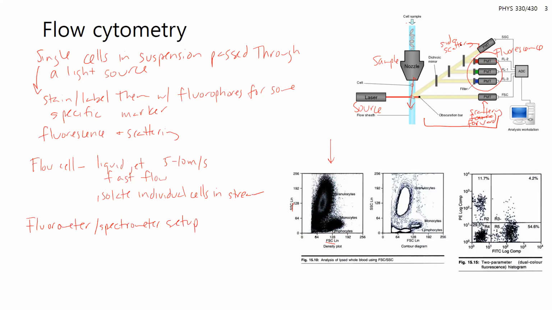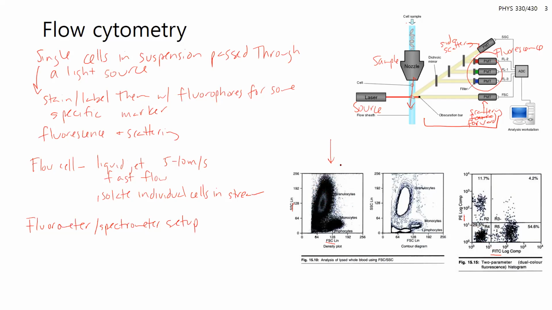With all the different combinations of the channels that you have, you can plot scattering versus each other. Here you can see that this is two different fluorescent dyes: a FITC dye, a common dye, and PE. So these are common ways of representing the data, where each individual point plotted represents a single cell.